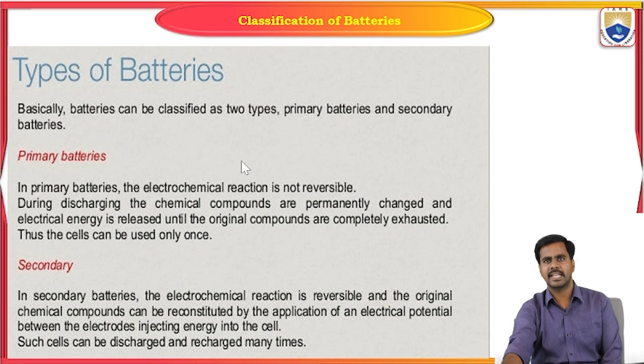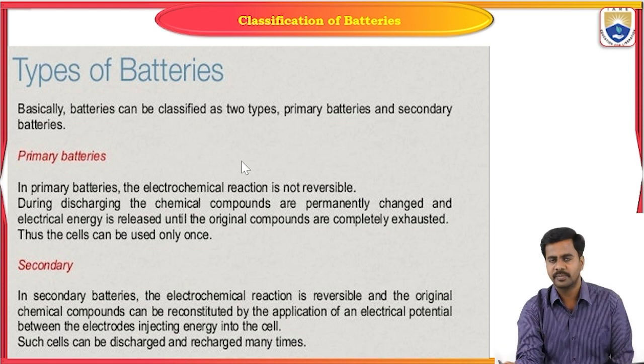In primary batteries, the electrochemical reaction is not reversible during discharge. The chemical compounds are permanently changed and electrical energy is released until the original compounds are completely exhausted.